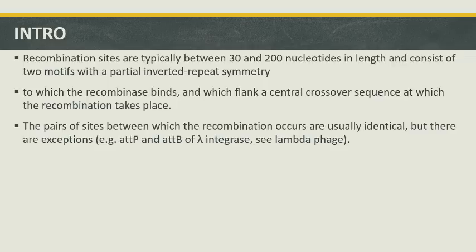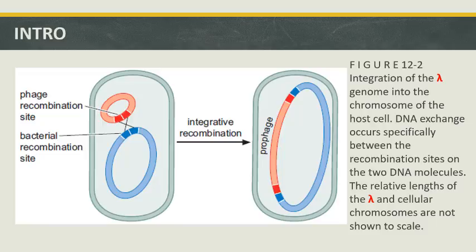The pairs of sites between which recombination occurs are mostly identical, but this is not always the case, like attP and attB of lambda integrase of the lambda phage. Now, one of the best examples of site-specific recombination is the lambda phage.